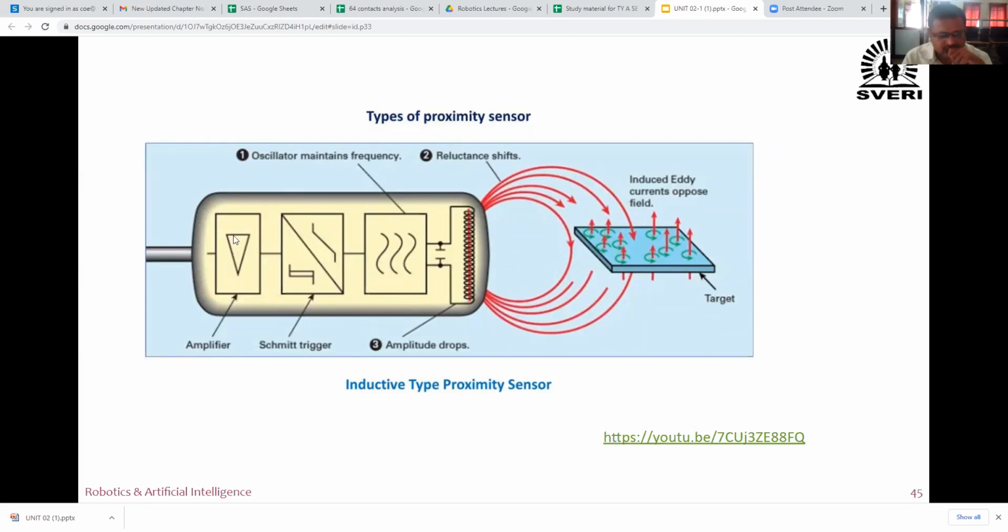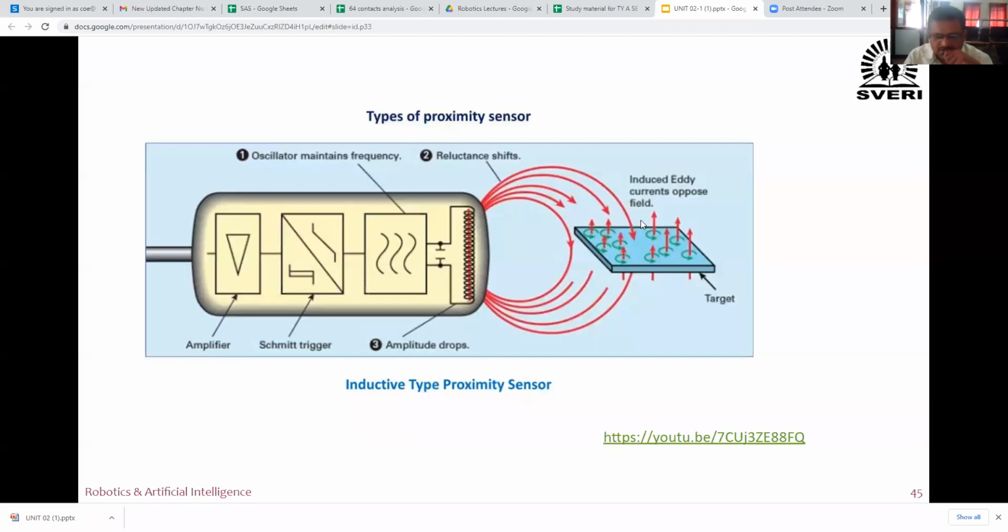This is the amplifier. This is the Schmitt trigger. Then here amplitude drops are there. Then here reluctance shifts are there. Then this target is there. In the target, these magnetic flux lines are there. When these magnetic flux lines are moving from one end to another end, and if you place the target in between the magnetic flux lines, these magnetic flux lines are cut off.